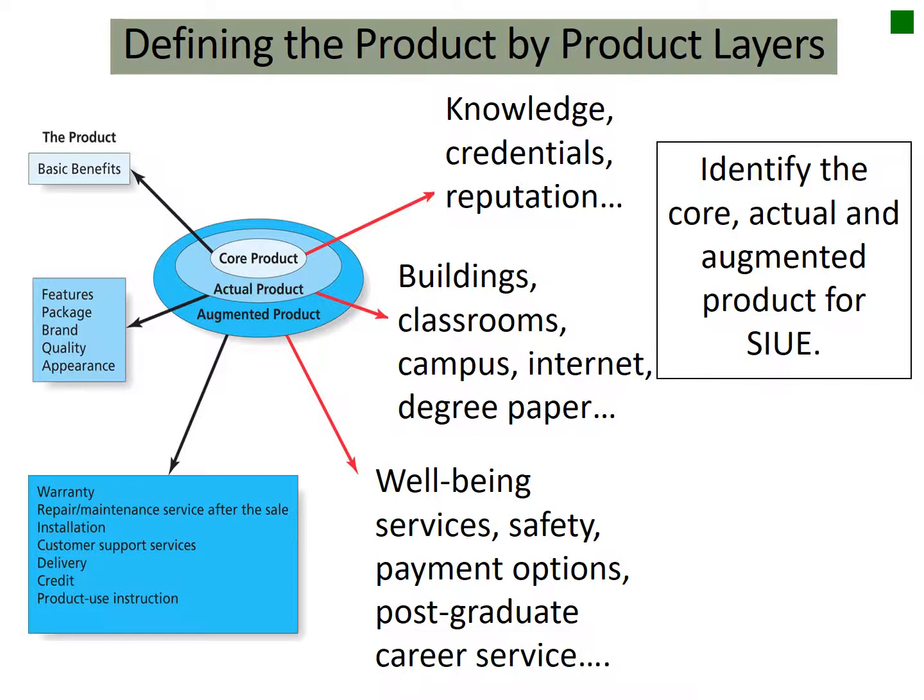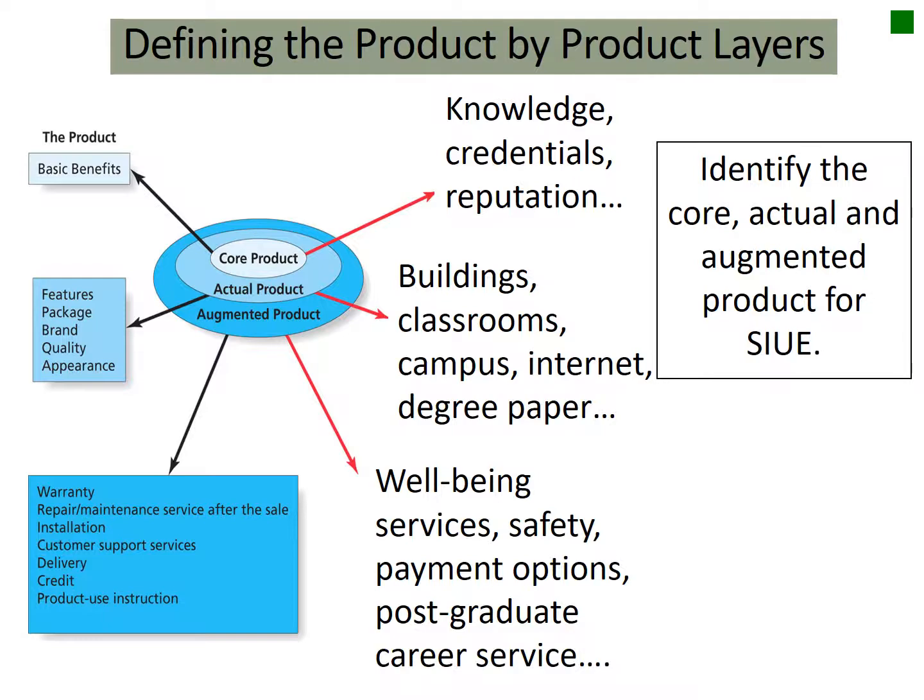Okay, so this may be new to you, but this is well served in trying to understand how products are composed and indeed how we can use products to differentiate ourselves from our competitors, like we can use the other three P's as well to do so. We can do so with products and product design.